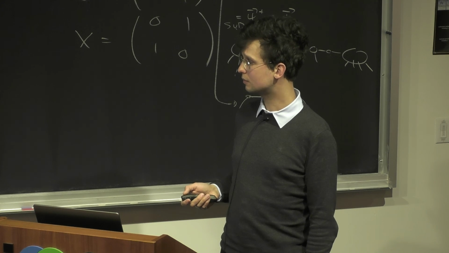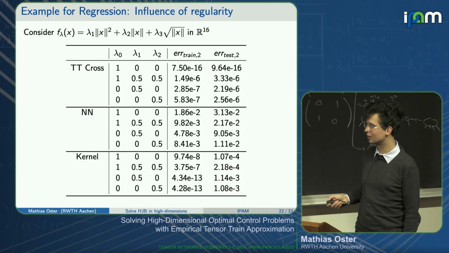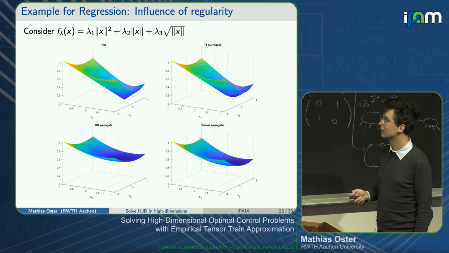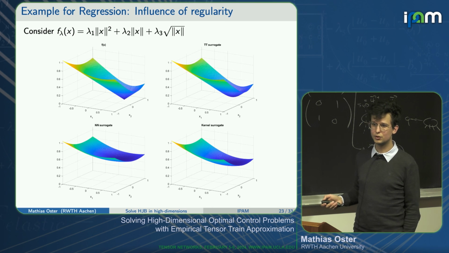And here you can also observe very nicely that the kernels generalize really badly. On the training set, they minimize the loss almost perfectly, and outside the training set, they're not working nicely anymore. And we visualized this function. This was in 16 dimensions, and then you cut out one plane to visualize the function.